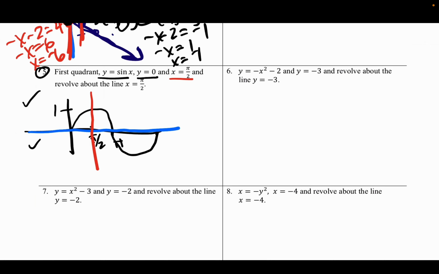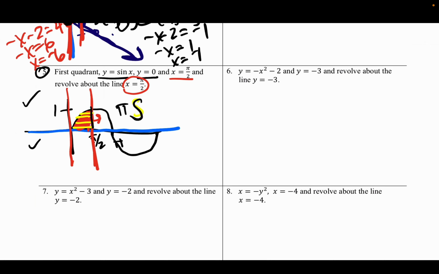All right, so you have this region right here. And where are we going? We are going around the line x equals pi over 2, which is straight up and down like the y-axis. So we're taking this, and we're going to revolve it around that way. So it says the y-axis, I'm going to be right minus left. So I'm going to take the integral, pi.